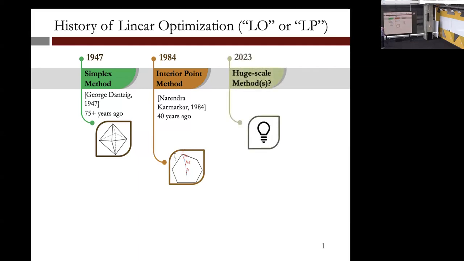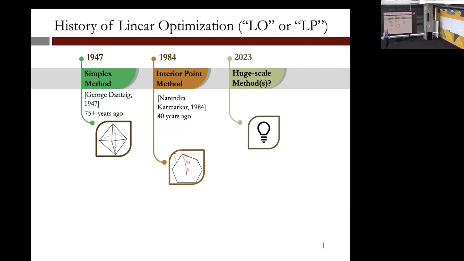Okay. And then the question is, is this the state of the art? And is it going to be the state of the art? And of course, we don't know. But I would say there is some emerging stuff really just starting literally last year, in what I would call huge scale methods for solving very, very large scale linear programming problems.